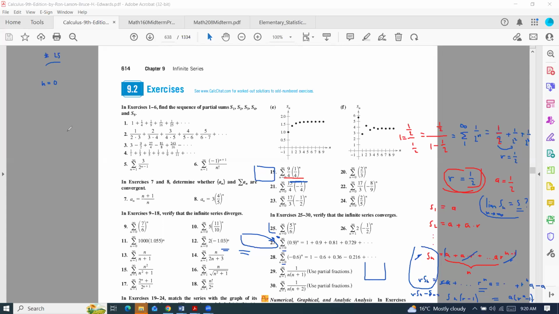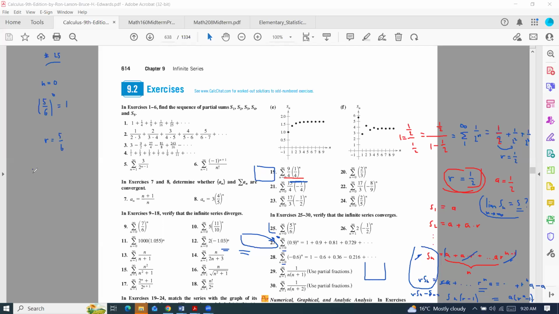So when n is equal to 0, then my first term will be 5 over 6 to the power of 0, which is 1. This series starts with 1. What's the ratio? Well, it looks like it's 5 over 6 because the next term will be 5 over 6, the next will be 5 over 6 squared.